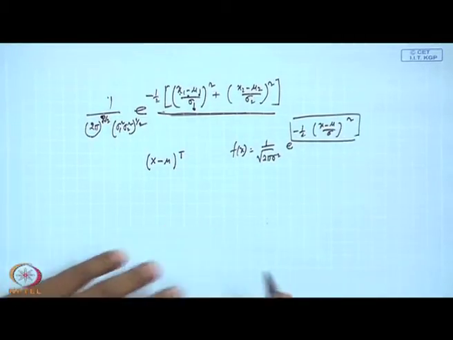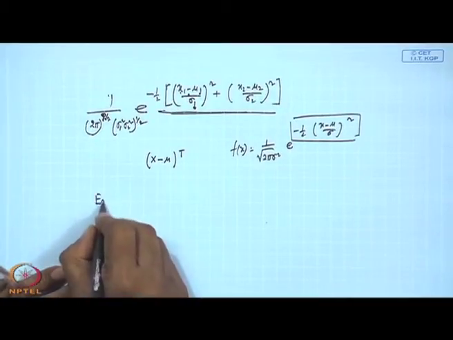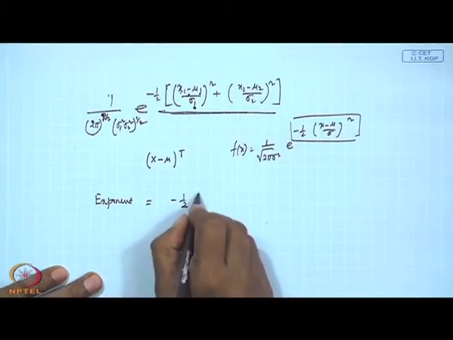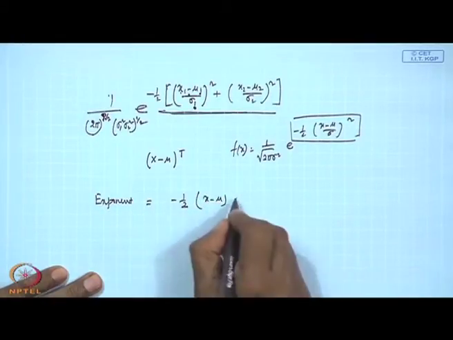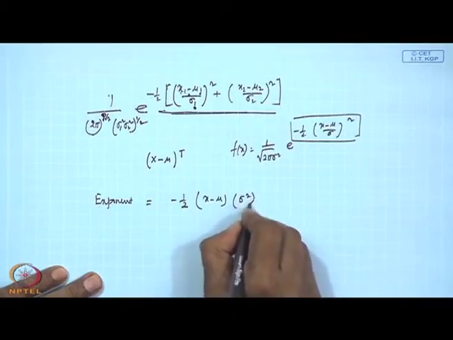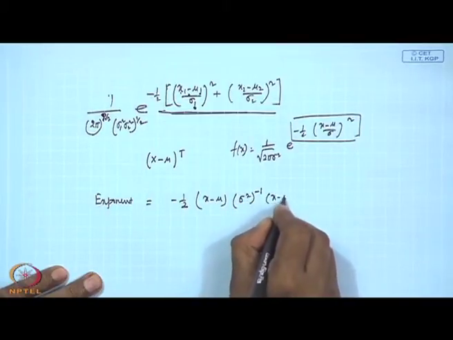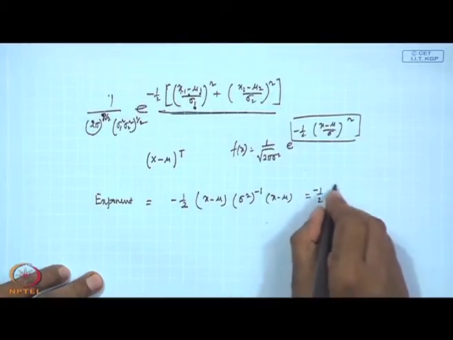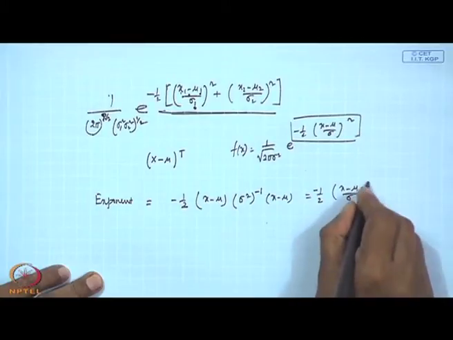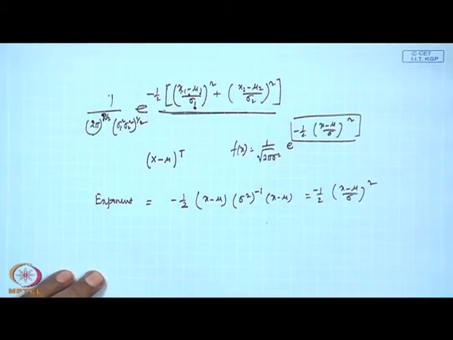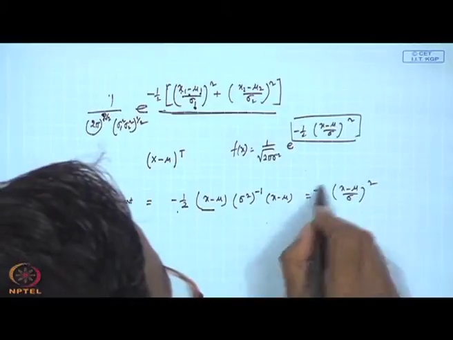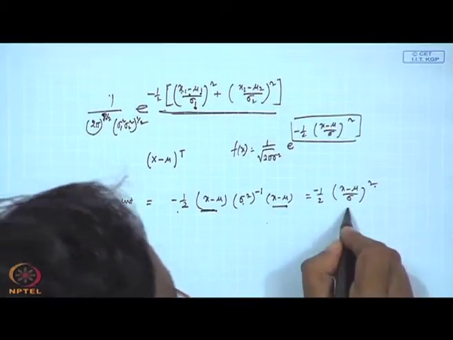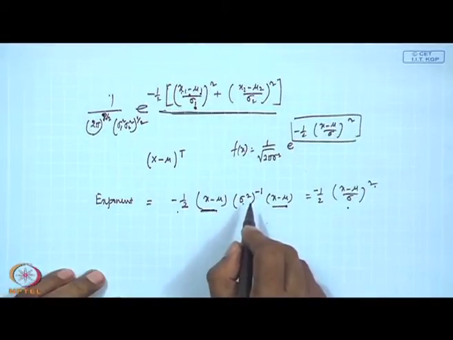So your exponent is minus half, I am writing x minus mu, sigma square to the power minus 1, x minus mu. Is it not minus of x minus mu by sigma square? You see, minus half, x minus mu, x minus mu squared divided by sigma square. So sigma to the power inverse.